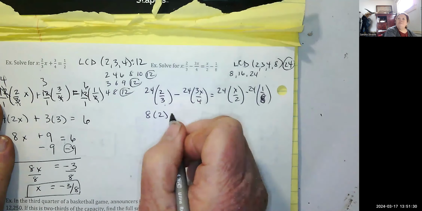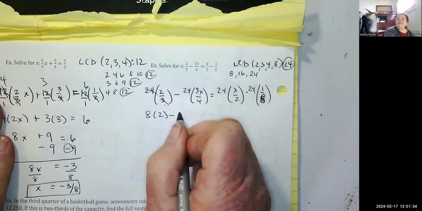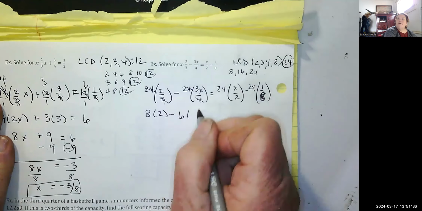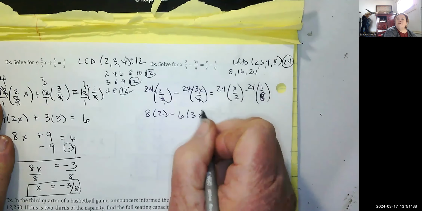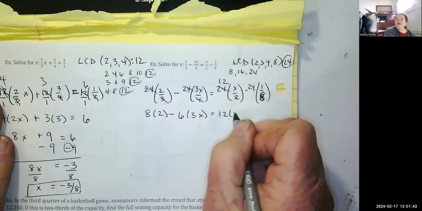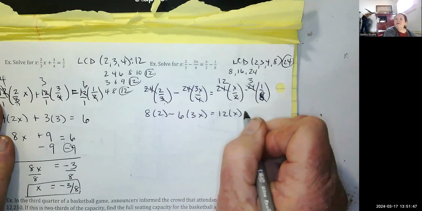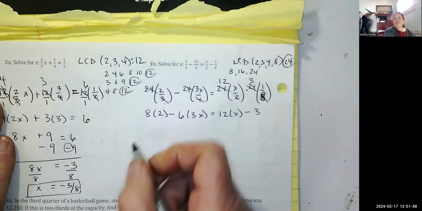Don't forget your times 2, that reduces. Minus 24 divided by 4 is 6. So that's gone. And we're left with 3x. 24 divided by 2 is 12 times x. And then 24 divided by 8 is 3. So minus 3 times 1 is 3.